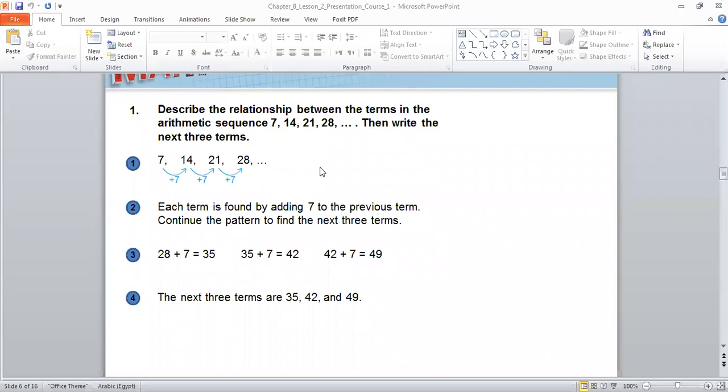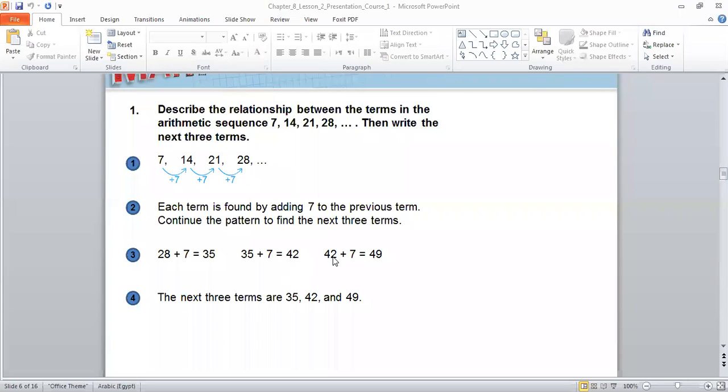If I need the next, what will we do? Look, 28 plus 7 gives me 35. I add 7 every time. So the answer is 35. I need 3 numbers, so I add 35 plus 7, and it gives me 42.